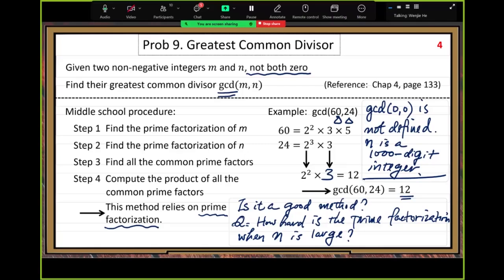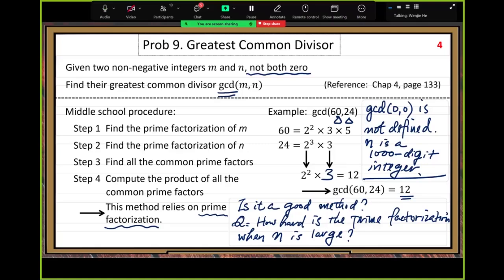You may need a number of years to get a prime factorization. So you can imagine how slow it is. That's much slower than our brute force method to calculate polynomials.